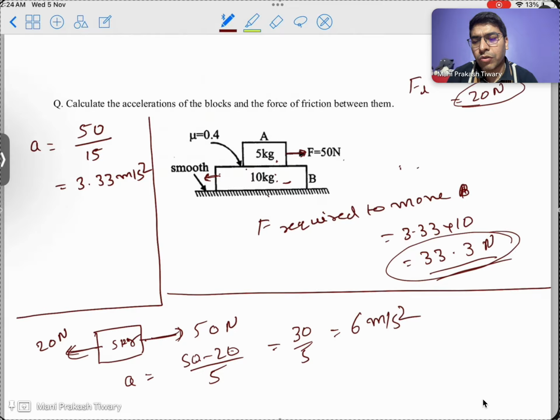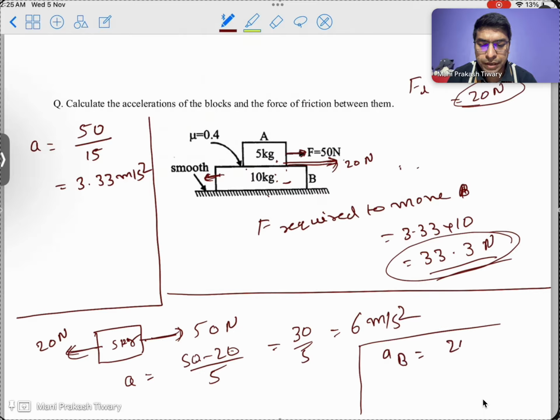Actually, with respect to the ground it will try to stay stationary, and with respect to A it will move backward. So the friction force on B will work in this direction, right? And how much is this friction force on B? 20 Newton, right? So block B will move due to the 20 Newton force, which is the friction force. So the acceleration of block B will be 20 by 10, that is 2 meter per second square.